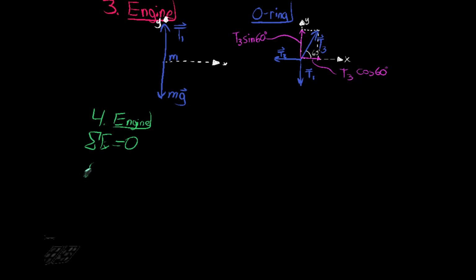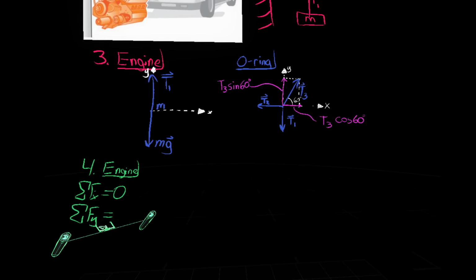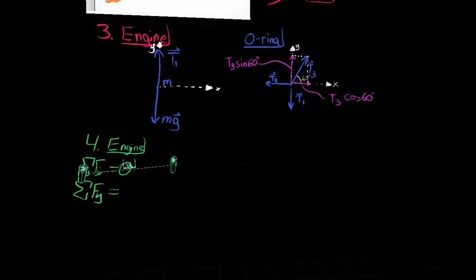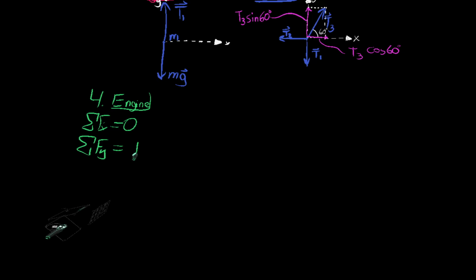And sum of the forces, I'll do it just below. Sum of the forces in the y. Now we have some forces. So if this is our positive y, and that's our negative y, then we have T1 minus mg. And we're only worrying about the magnitudes here because we already know the direction.